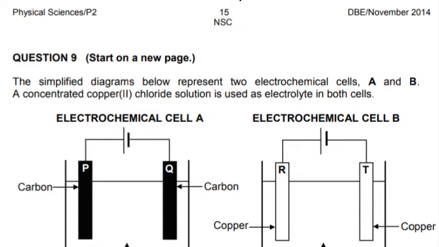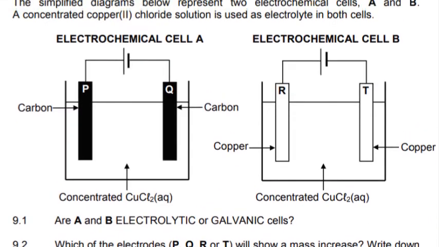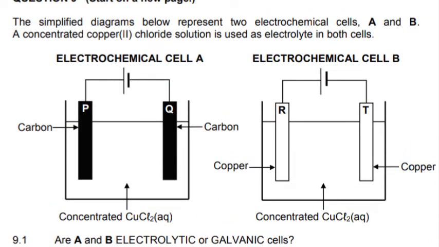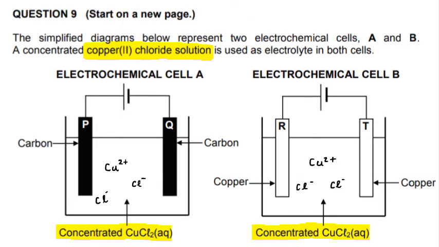Now moving on to question 9 from this paper. Over here, what's drawn are simplified diagrams that represent two electrochemical cells, A and B. In both of these cells we have concentrated copper(II) chloride.